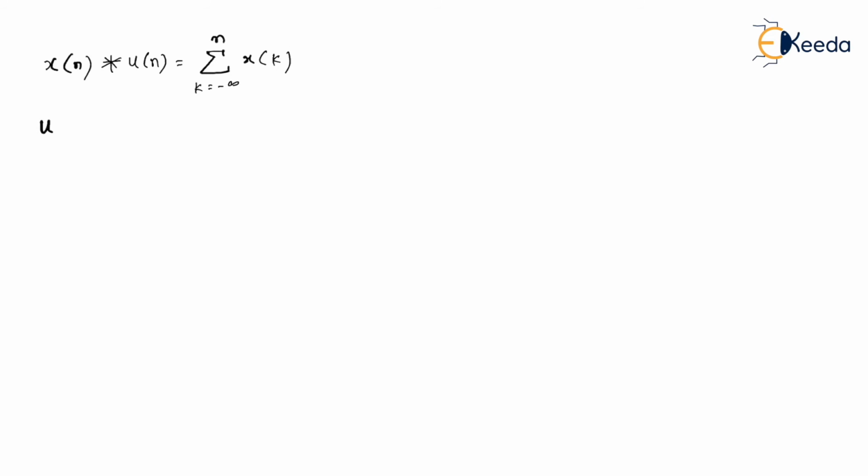In that case, we have to see what if del of n gets convolved with u of n. Then we know that any function which is convolved with impulse function remains same. So it is of course u of n only. Is that right?